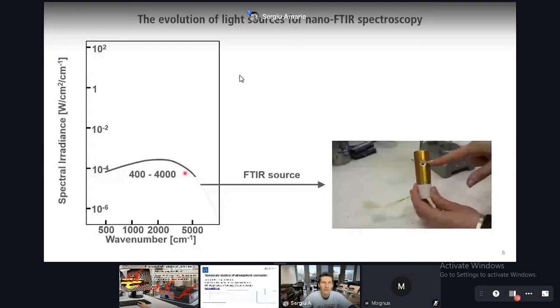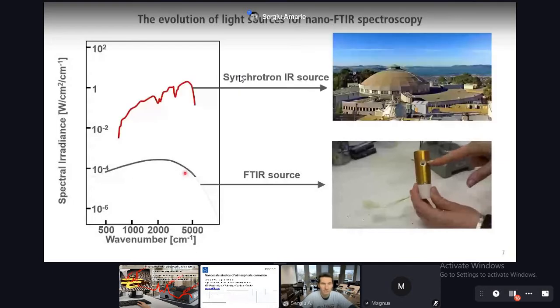Now, let's pick another light source, IR synchrotron beamlines. These light sources have been also successfully coupled with several NeaSpec microscopes worldwide. The spectral irradiance of the IR synchrotron in Berkeley, depicted here in the picture on the right, is between 0.1 and 1.